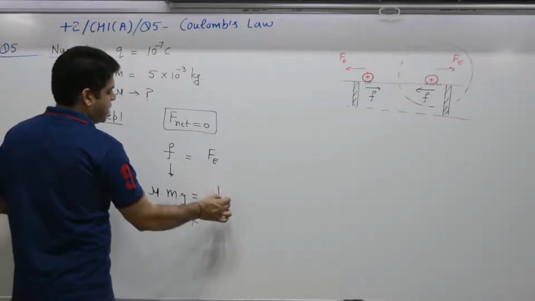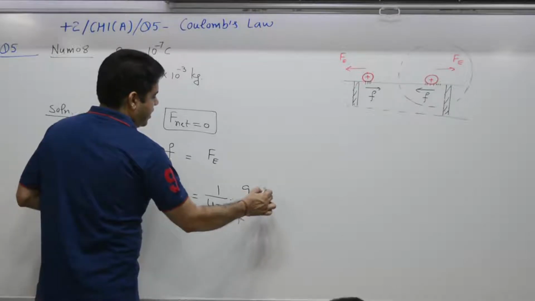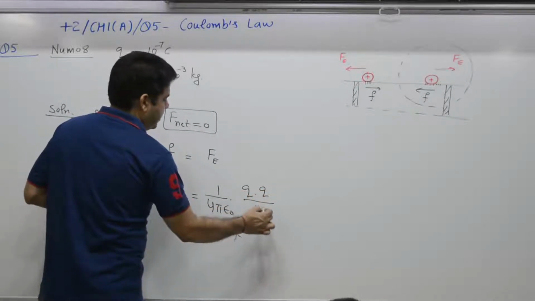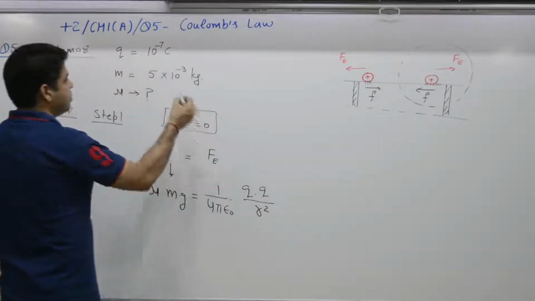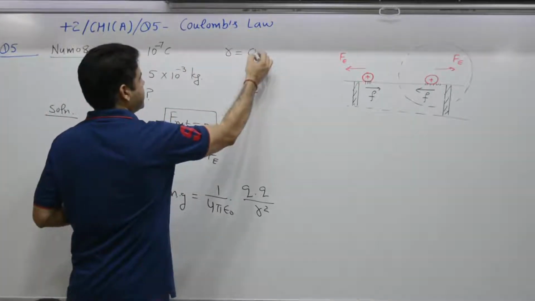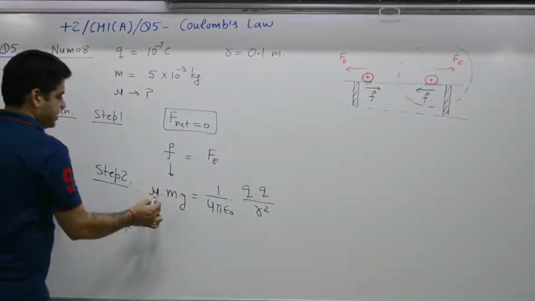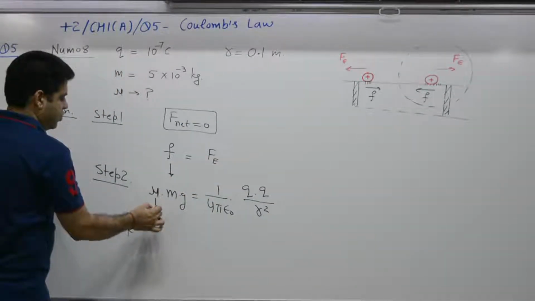Electric force is 1 by 4 pi epsilon naught Q1 Q2 by R square. R, distance between the two, is given: 10 centimeters, 0.1 meter. In this case, nu you have to find out.